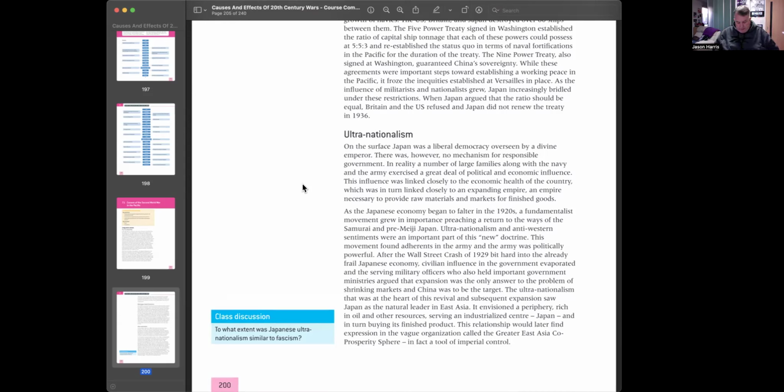But it says there was, however, no mechanism for responsible government. In reality, a number of large families, along with the Navy and Army, exercised a great deal of political and economic influence.